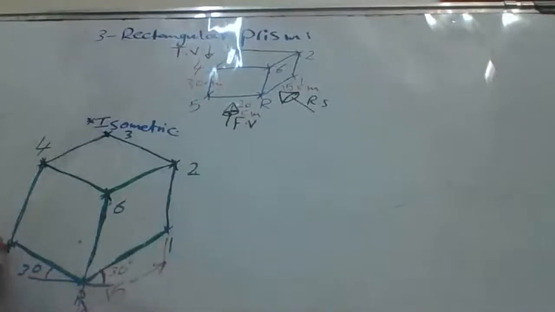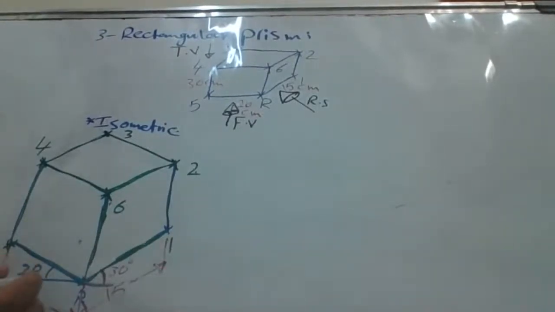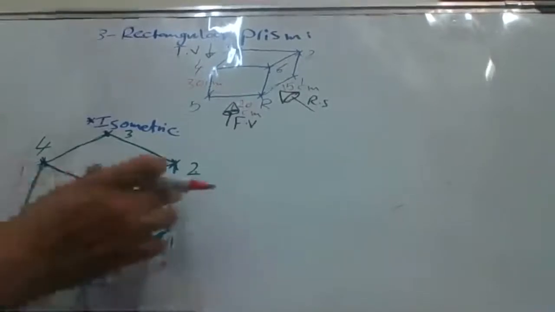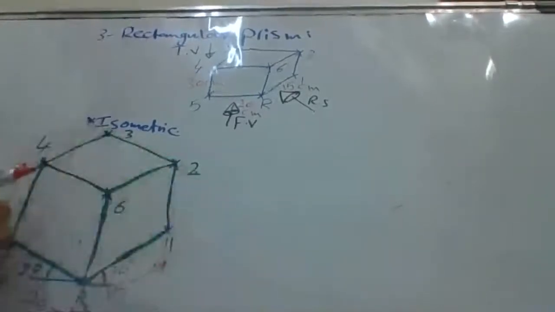Also, we can write here the width and the depth as we said before. Here 20 centimeter. And we can write the height at any side, here or here or here, anywhere.